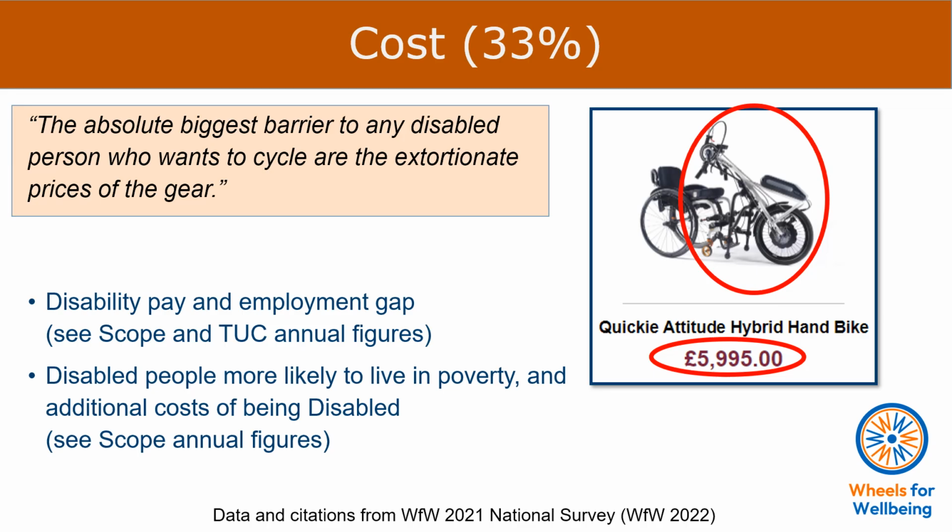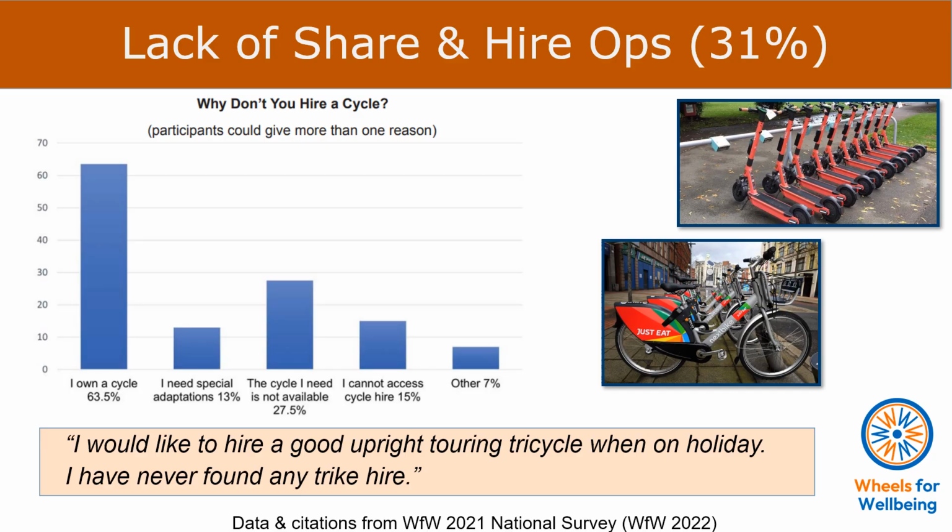The issue of cost relates. So one way to overcome the cost barrier to cycling is to borrow or hire a cycle, perhaps for a journey, for part of a day, maybe for a holiday or a period of a week or a month or longer. However, the lack of opportunity to use a share or hire scheme was a barrier for 31% of our respondents.